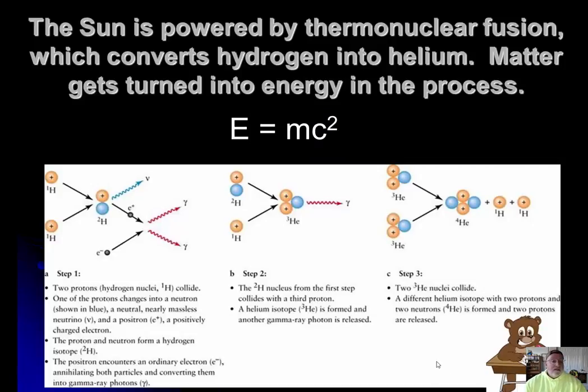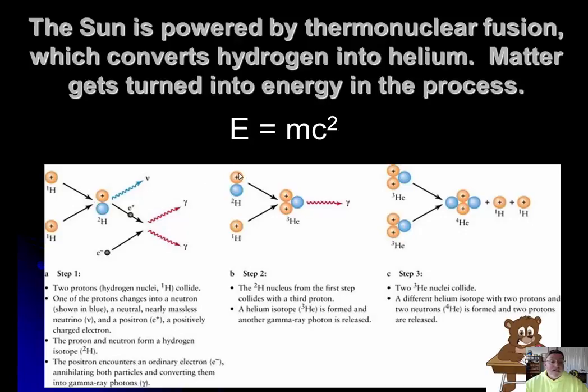This is the equation for nuclear fusion that goes off in the core, under the very high temperatures and high pressures that we get inside of stars. We take 2 hydrogens and fuse them together, making a hydrogen 2. What it also produces is a neutrino, which moves out and has no mass. It also makes what's called a positron, a positively charged electron that combines with a negatively charged electron to annihilate each other, and it produces gamma rays, photons.